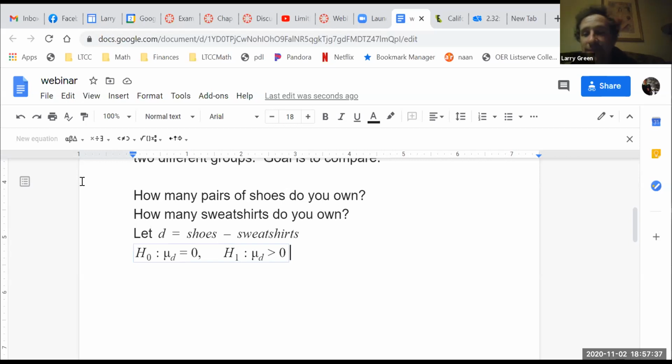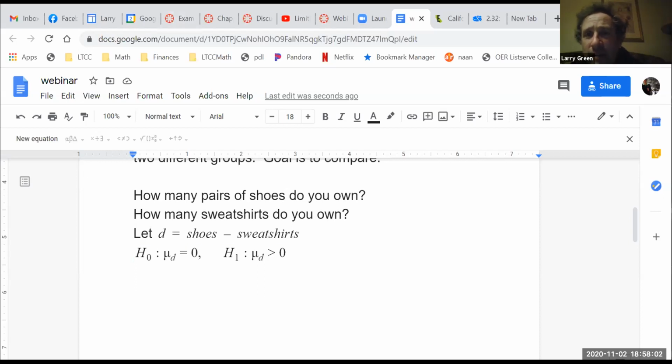And if you want to show that more than one grade level is achieved by the end of the year, you would have mu sub d equals 1 versus mu sub d greater than 1. So there are a few times, but not very many, where you won't see a 0. Almost every case you see a 0. Any questions on this?